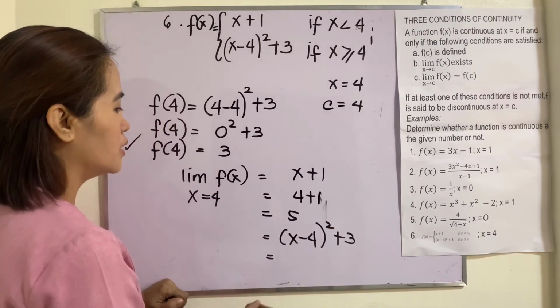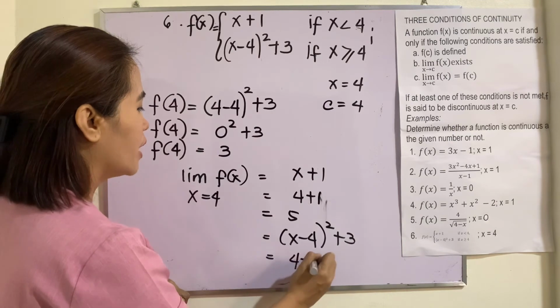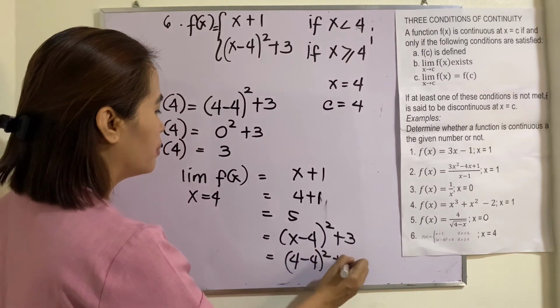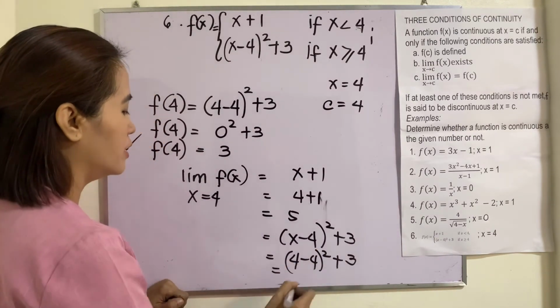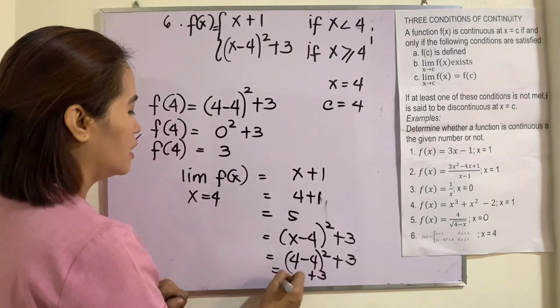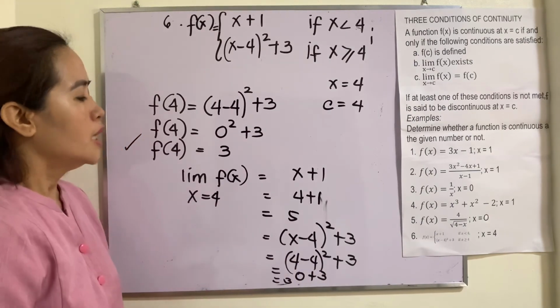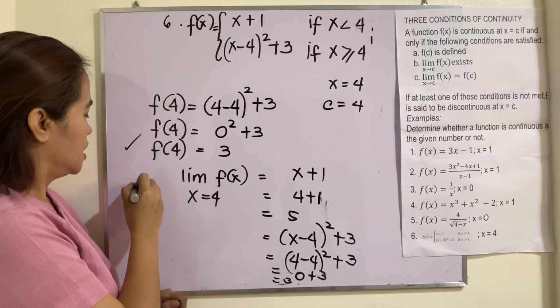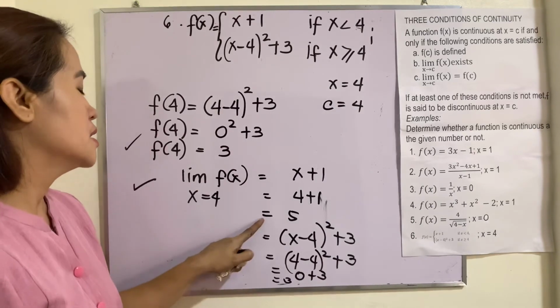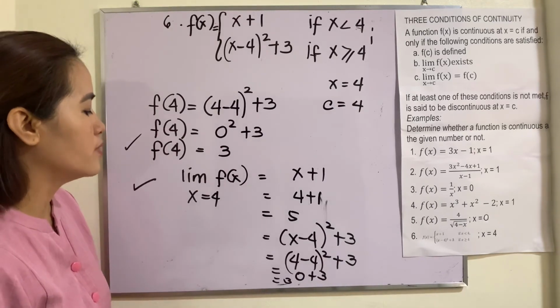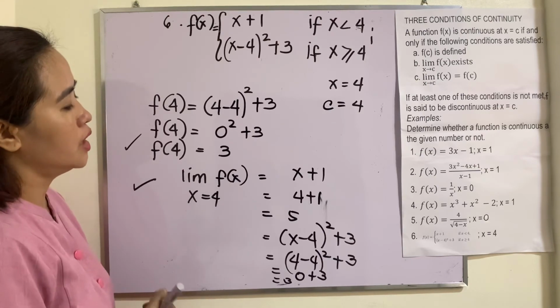This is equivalent to 4 minus 4 squared plus 3. So we have here 0 plus 3, it's 3. So the limit has these two values. We have 5 and 3.